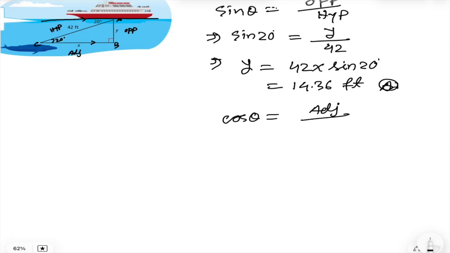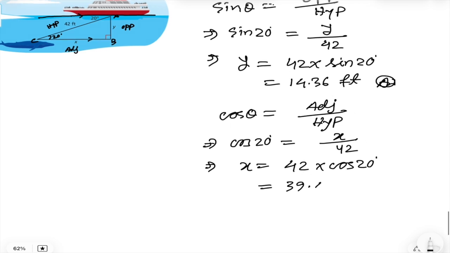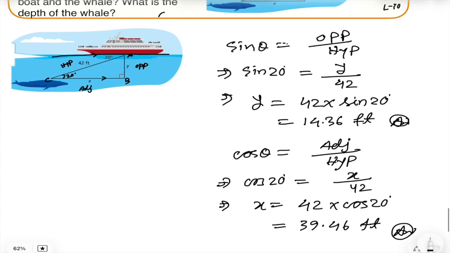Cos theta equals adjacent over hypotenuse, as the theta value is 20 degrees. The adjacent value is x, and the hypotenuse value is 42. x equals 42 times cos 20 degrees. 42 times cos 20 degrees is 39.46 feet. It is your other answer.